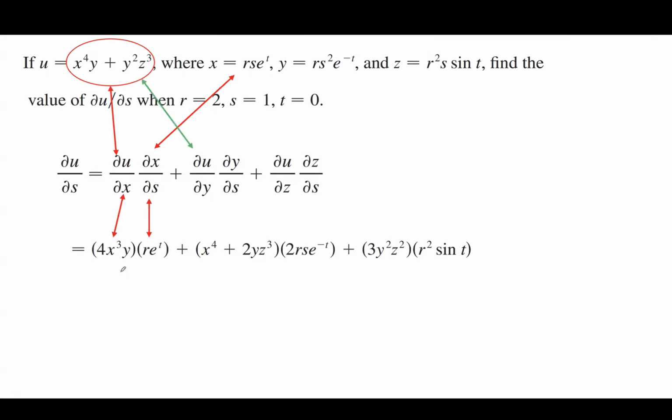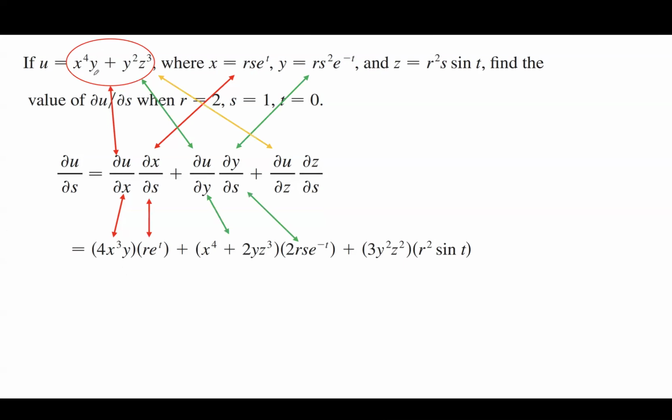We continue the process. The partial derivative of u with respect to y is x to the 4th plus 2y z cubed, multiplied by the partial derivative of y with respect to s, which is 2rs e to the power negative t. And finally, we take the partial derivative of u with respect to z.